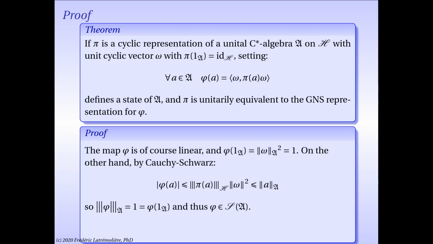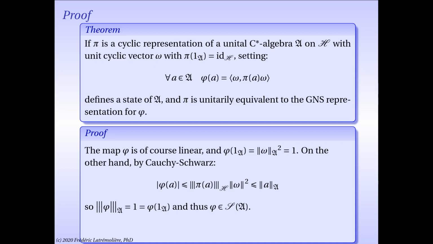So first of all, what is phi of 1, phi of the unit? Well, you just look at it. You plug in your representation pi of 1, and pi of 1 acts as the unit, so you get that phi of 1 is the square of the norm of omega, which is 1. But on the other hand, by the Cauchy-Schwarz inequality, phi of a in modulus is less or equal than the norm of omega times the norm of pi of a times omega.